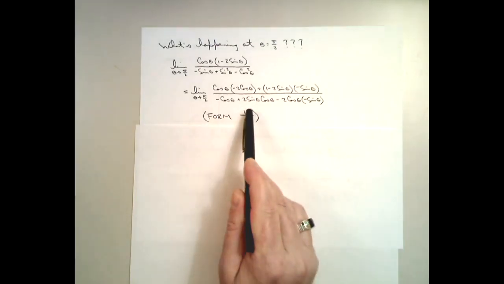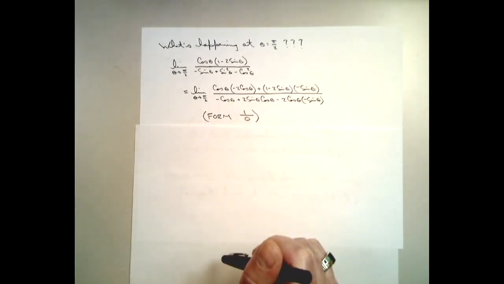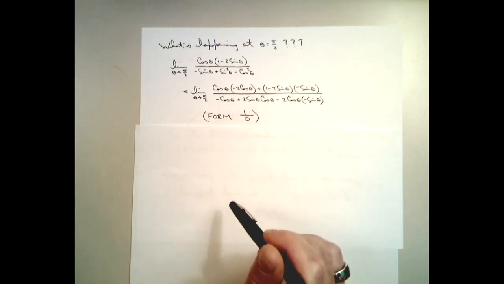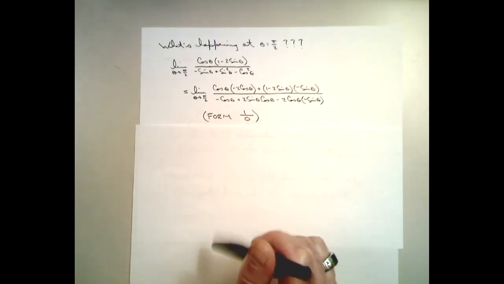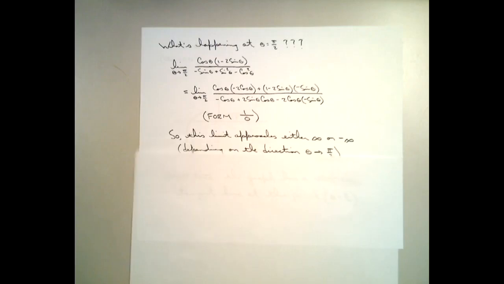And that form, any finite number over 0, is always going to give me a limit that's either approaching infinity or negative infinity, one or the other. And it's going to depend on the direction from which theta approaches pi over 2. But that's not even important to us, at least not in the context of this question.